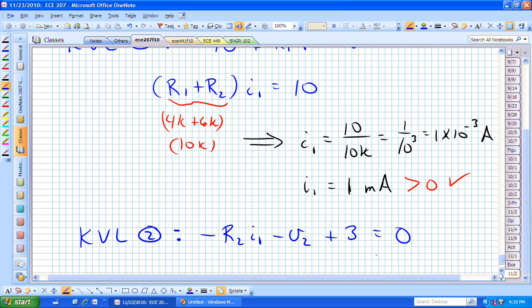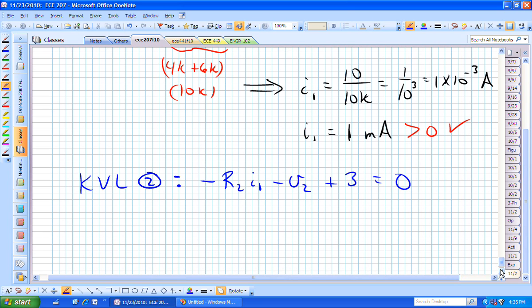I'm back where I started. So if I move V2 on the other side, I now have minus, what was R2? 6K. And what was I1? It was 1 milliamp, wasn't it? So it was 10 to the minus 3. Is that right?